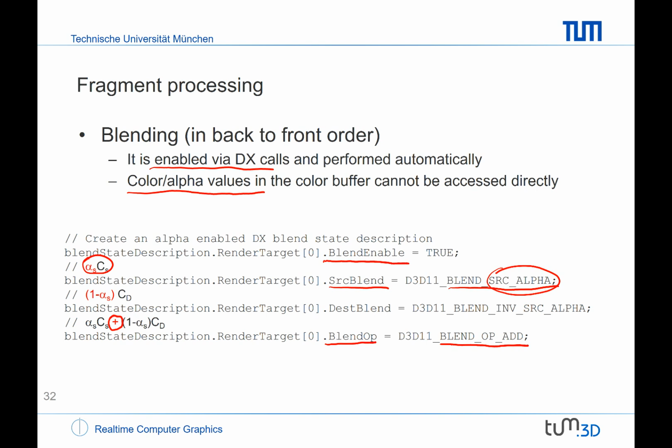Then for the destination, you say you want a blend inverse source alpha. That simply means that you take 1 minus the source alpha as the modulating factor for the destination. Then you just add both contributions together. And you see that this is exactly the blend equation that we want to use, supported by the blend stage. If we now render the objects in the correct visibility order from back to front, then we obtain the blending as we want it.